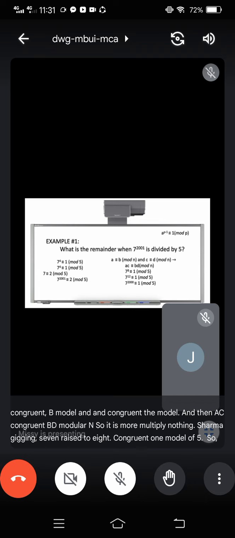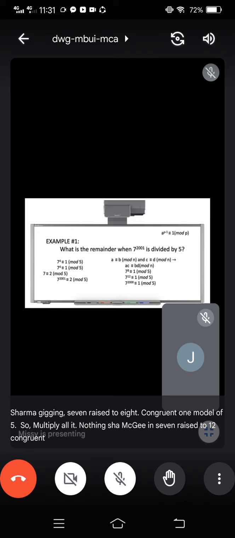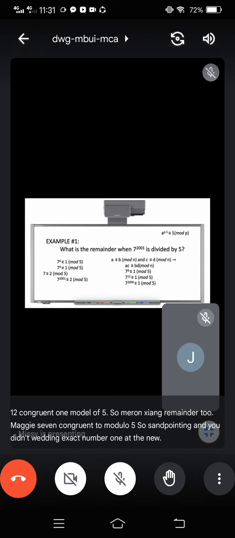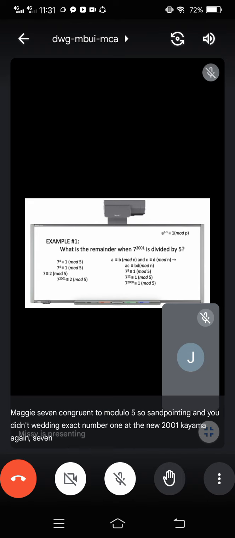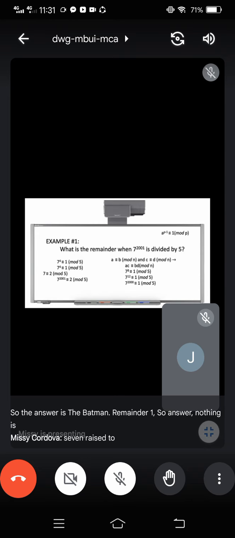Multiply ulit natin, 7 raised to 12 congruent to 1 modulo 5. Hindi naman exact na makuha natin yung 2001, kaya 7 raised to 2000 is congruent to 1 modulo 5. So, meron tayong remainder 1. Answer natin is 7 raised to 2001 congruent to 2 modulo 5.